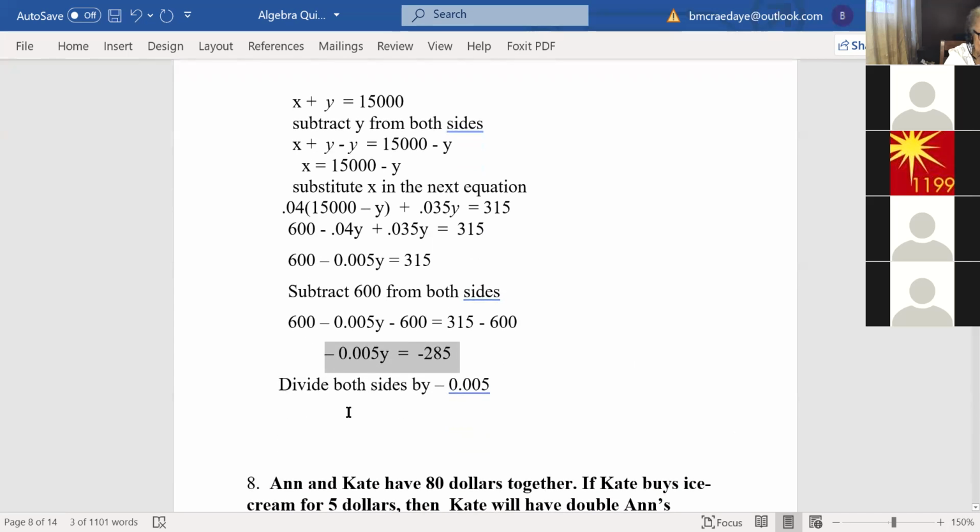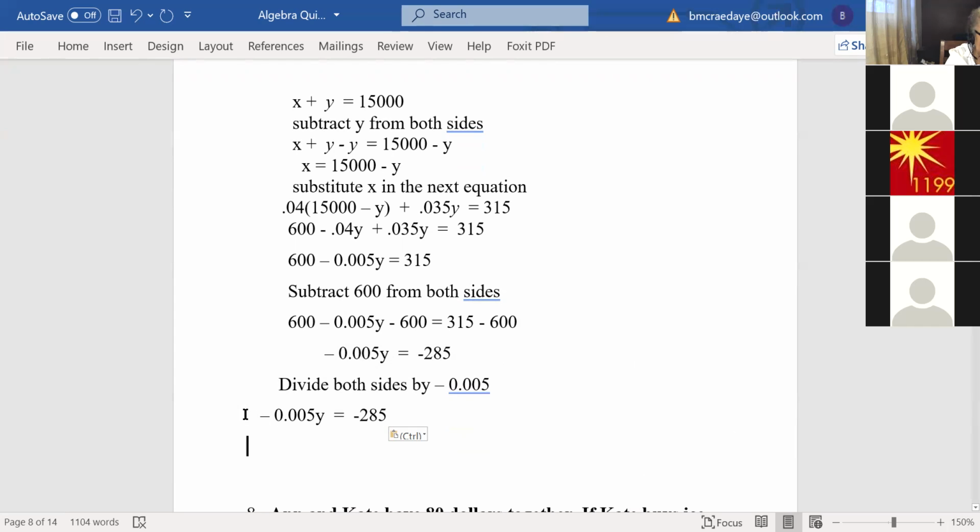Let's just do that. Put the minus 0.005 underneath. That's the divisor. Do it on both sides.